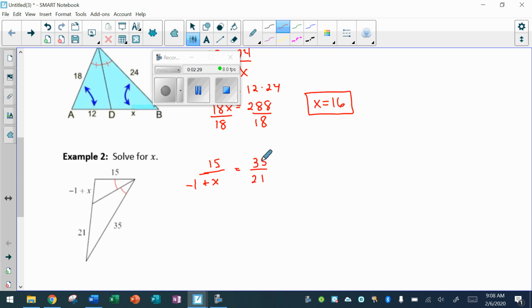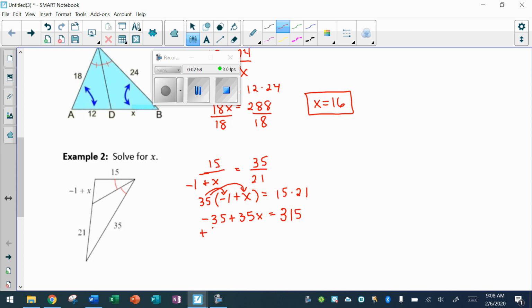So we're going to cross multiply here. I have 35 times negative 1 plus x, and I have 15 times 21. I have to make sure I distribute this 35 to both terms. So that's negative 35 plus 35x. And 15 times 21, well, that's 315 if you're using your calculator.